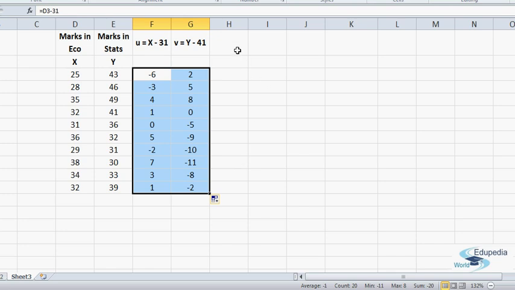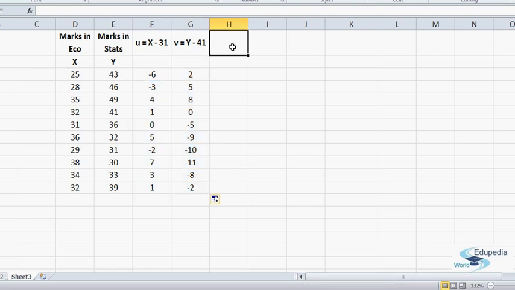Once I have the values of u and v, since the form of the formula is the same, we need the product of these two, u multiplied by v, then the square of u, so u raised to power 2, and also v raised to power 2. Let's do these one by one. Here u multiplied by v will be this times the value here.